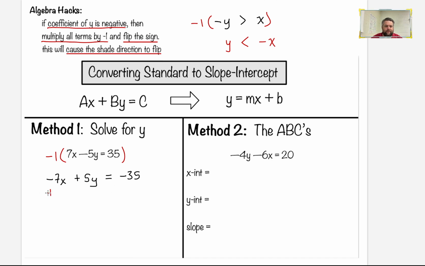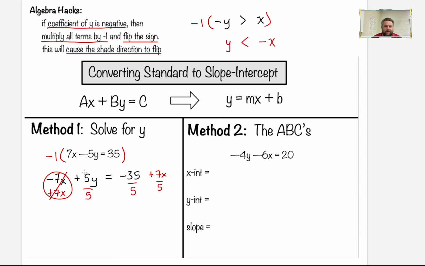We're going to move our 7x term by adding 7x to both sides. So this zeroes out. We're left with 5y equals -35 plus 7x. The next step is to then divide everything by 5, and reduce your fractions where possible.